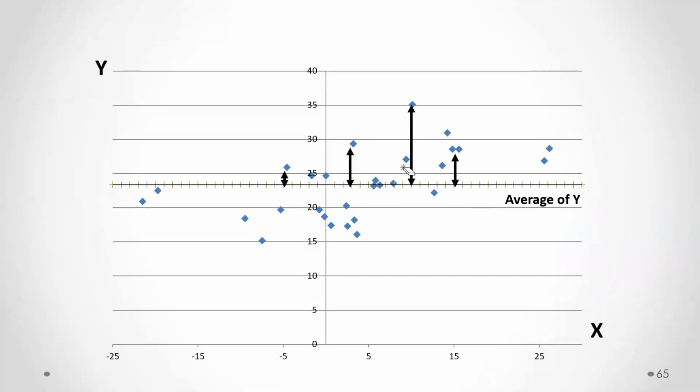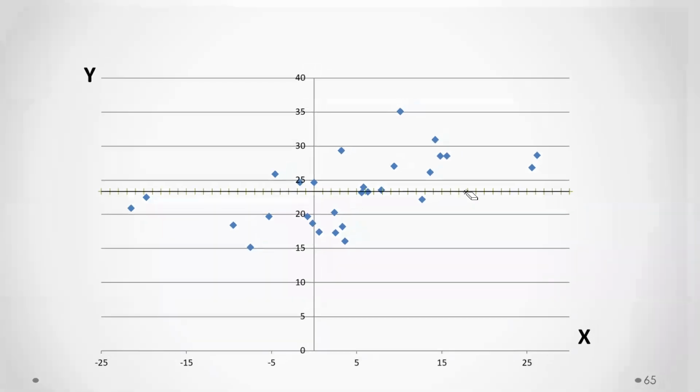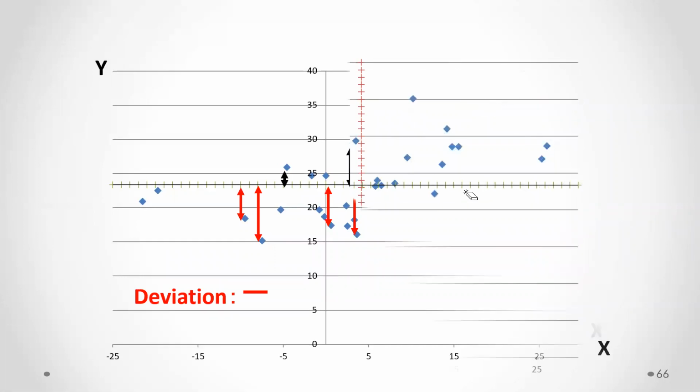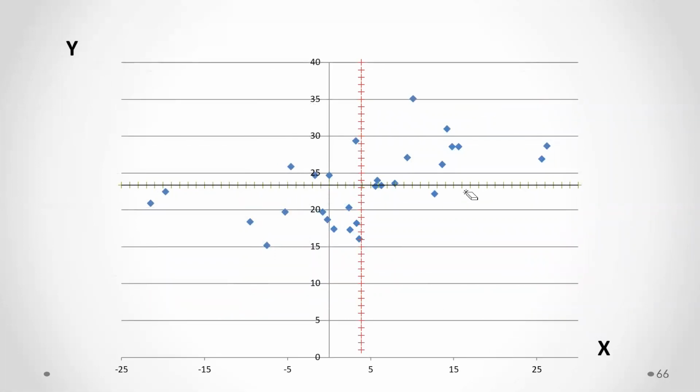Their y variable is higher than this value. And for the downside, it's obviously negative deviation. And then if we combine these figures and this figure, we can get this figure. So the whole area is divided into 4 parts.